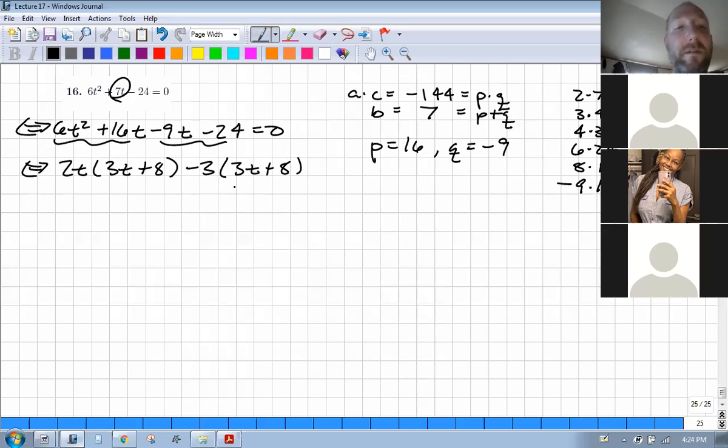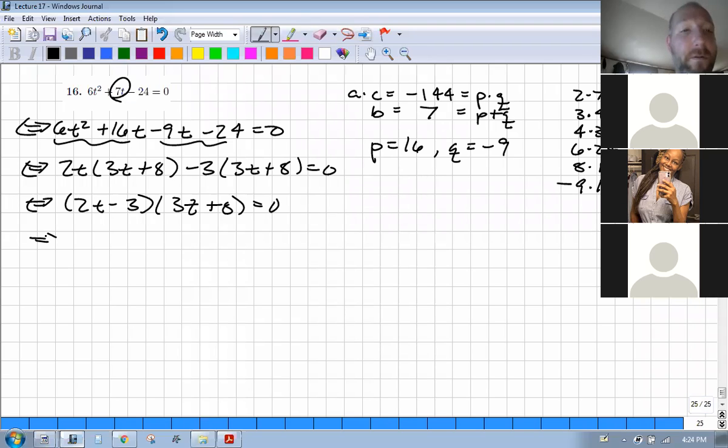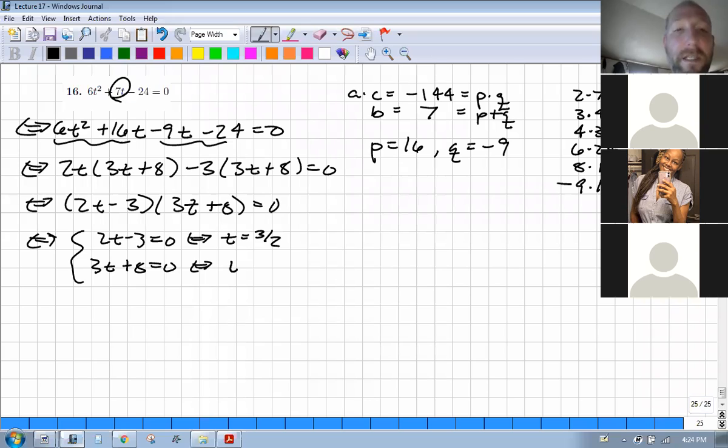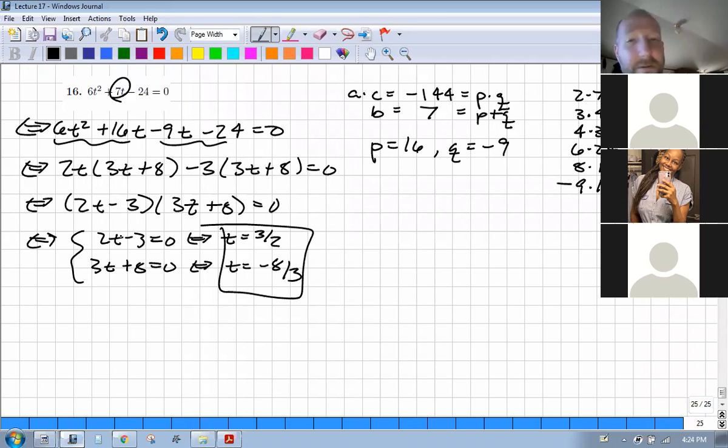It needs to be a plus. So we have 2t minus 3 times a 3t plus 8. So either 2t minus 3 is 0 or 3t plus 8 is 0. So either t is 3/2 or t is -8/3. Those are our two solutions.